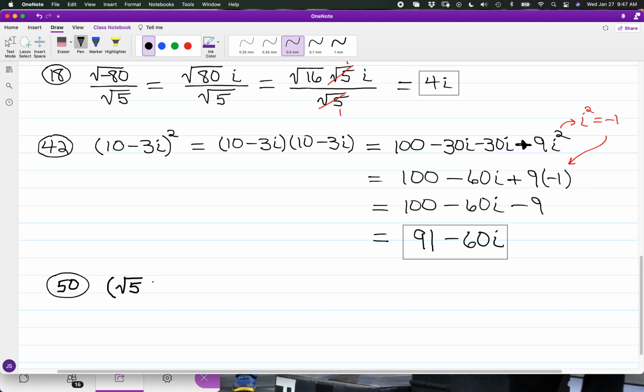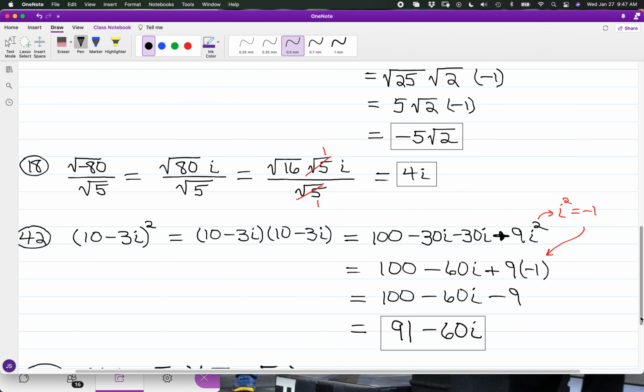So here we have the square root of 5 plus the square root of 7 times i, times the quantity the square root of 5 minus the square root of 7 times i.